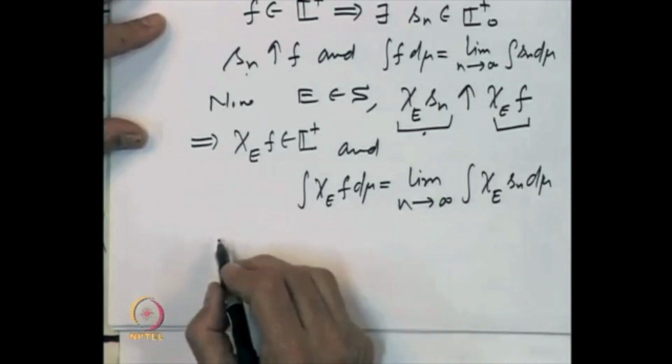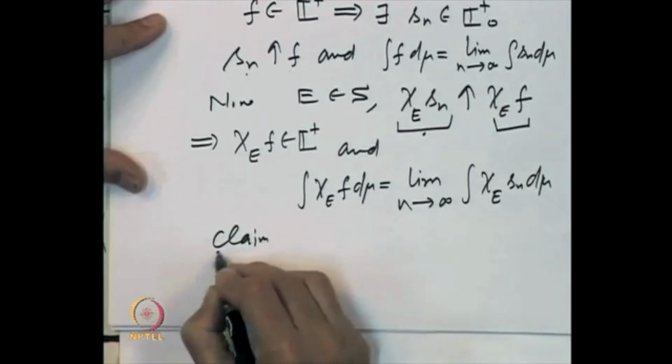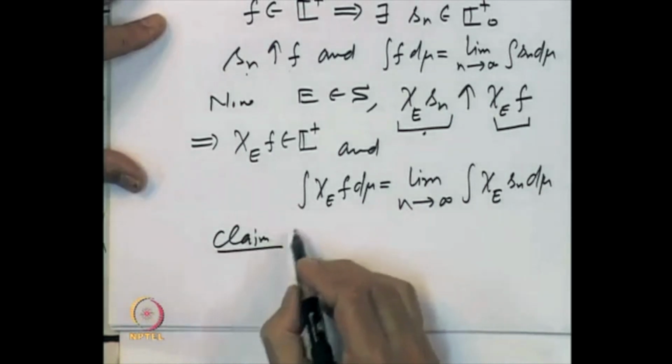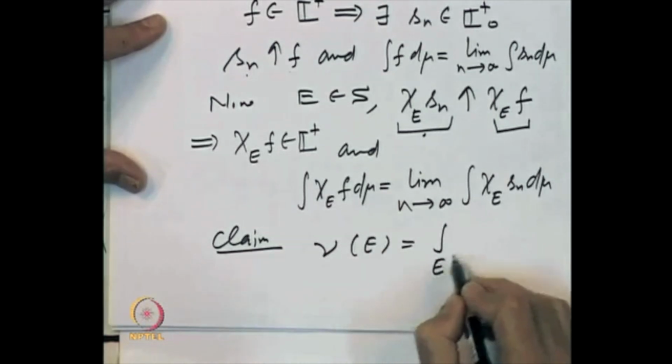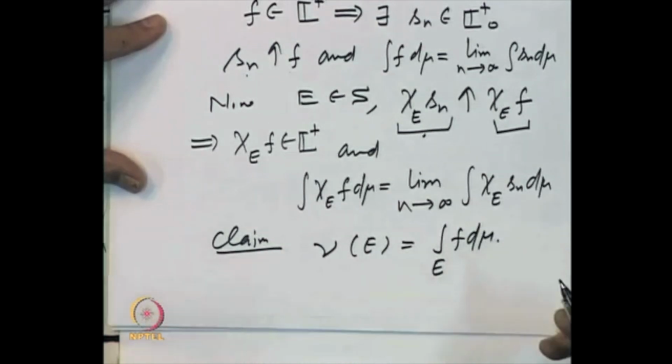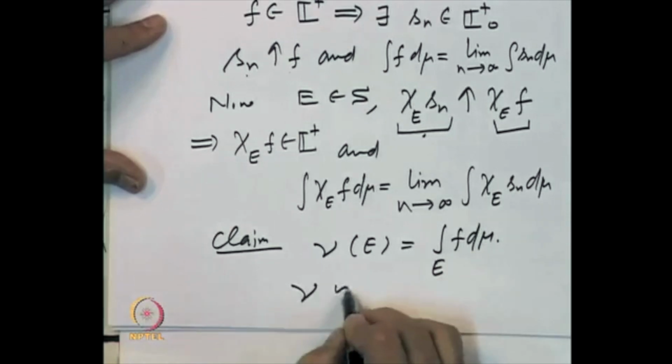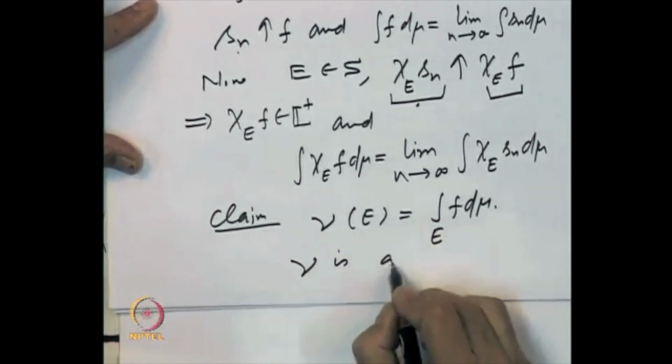And now we want to claim that if we call this number nu of E, the integral over E of f d mu, then the claim is nu is a measure.